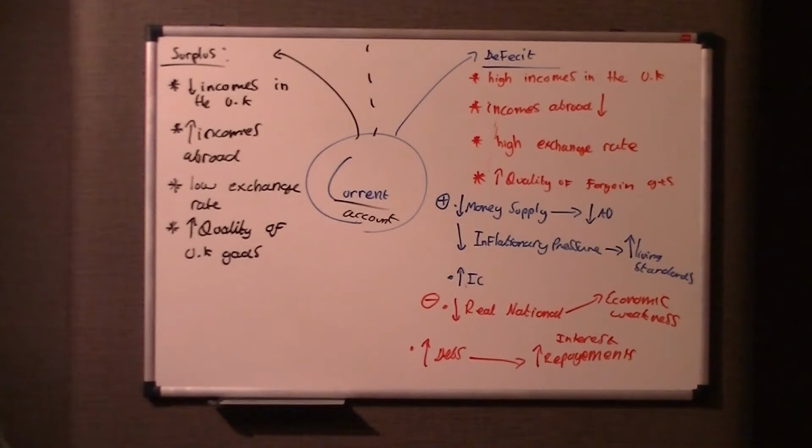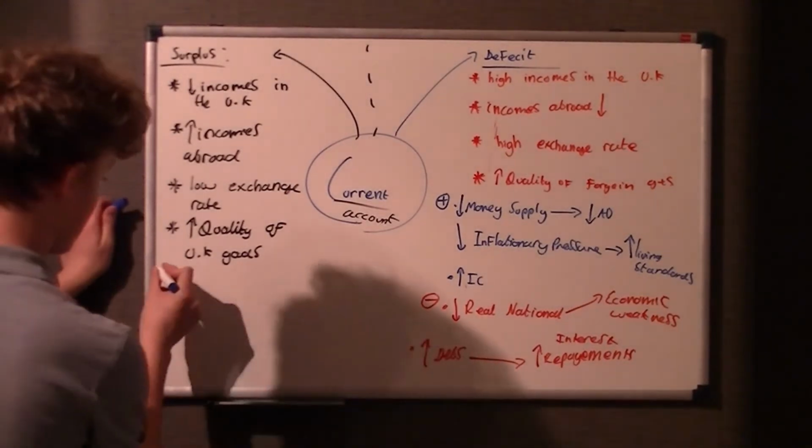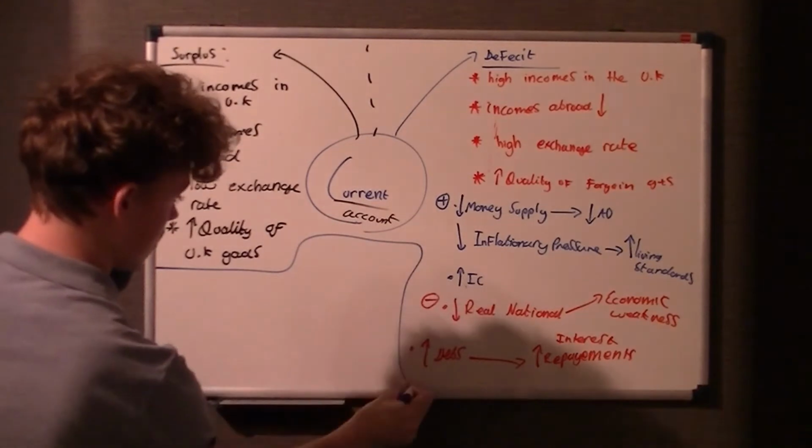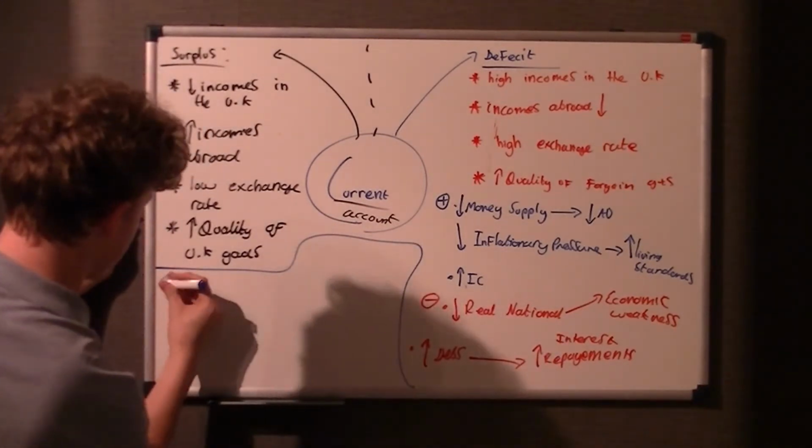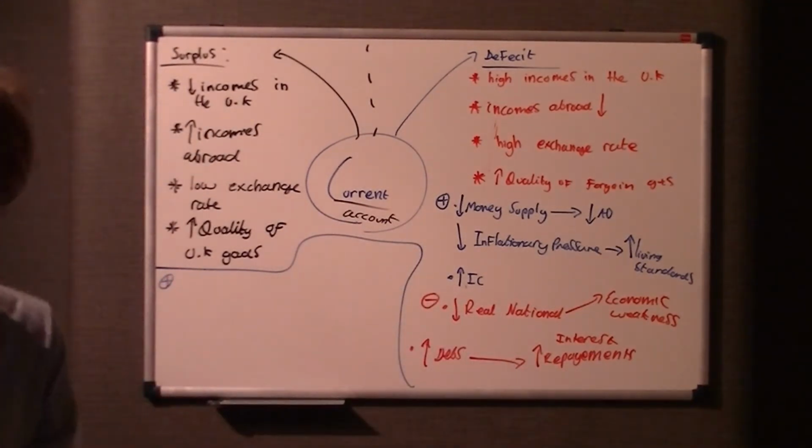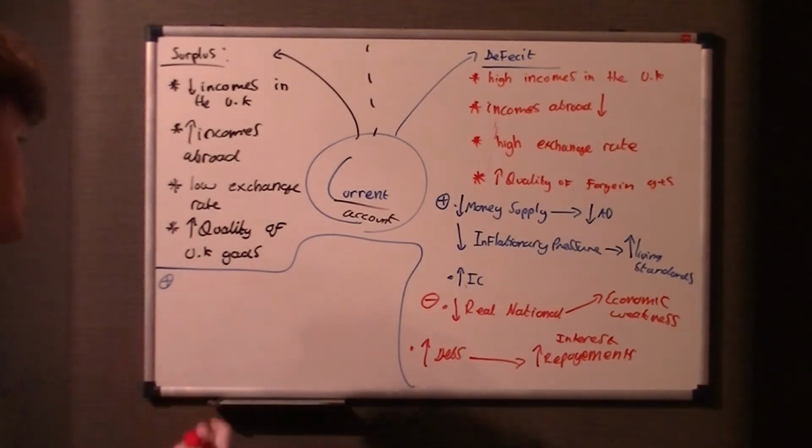Now the surplus is sort of the opposite end of the scale. We'll do the advantages in red and we'll do the disadvantages in blue. Crazy, I know. So your advantages of a surplus are basically your disadvantages switched around for your deficit.